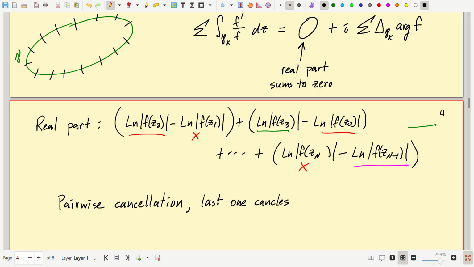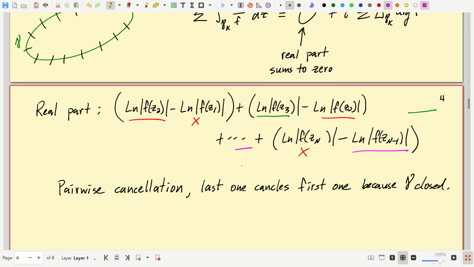It cancels the first one because it's a closed curve. I guess this purple one would get canceled by that one. Question about that? Okay, so that's a fascinating thing.